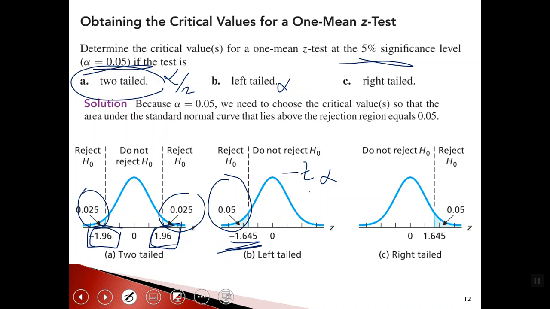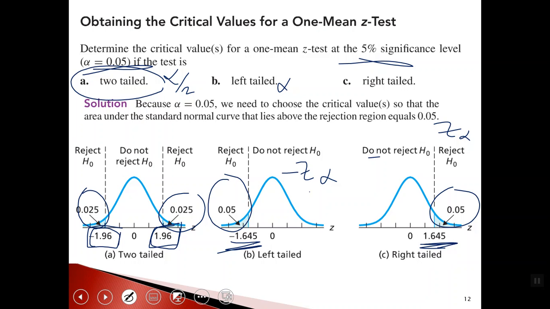For the right tail test, it is just Z alpha. You can simply get the value, positive 1.645. See the negative and positive case, here it is 1.645, here it is negative 1.645. Just change the sign. You have done these things in the last chapter.